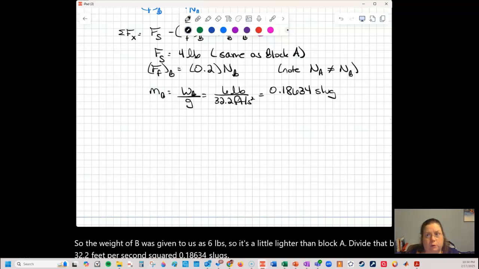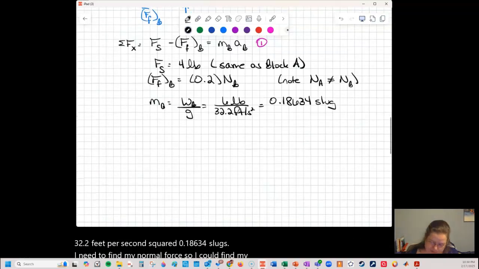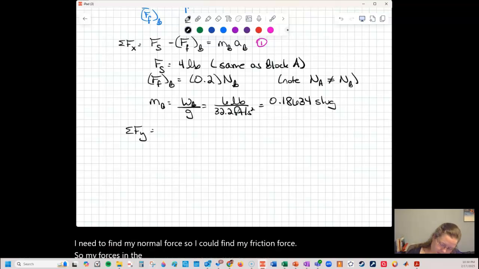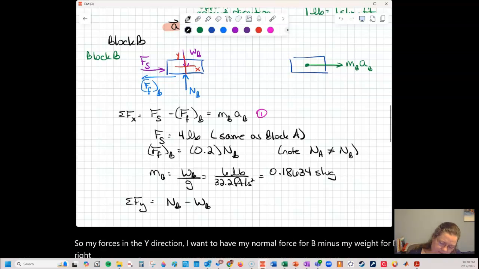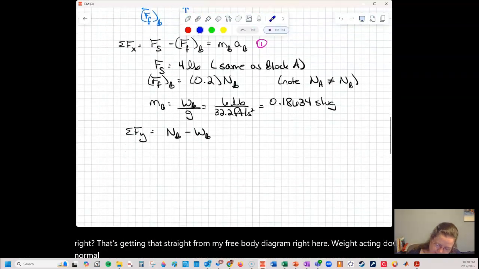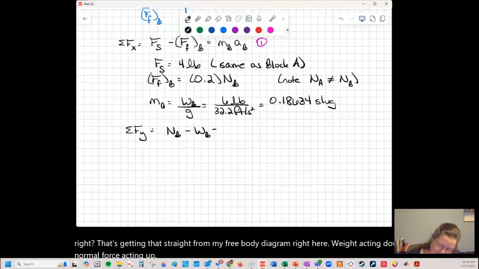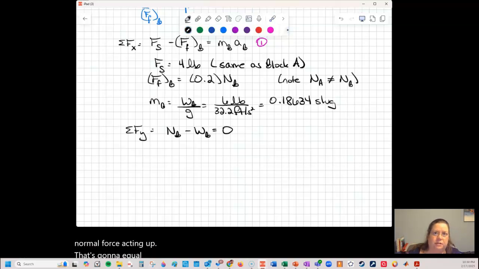I need to find my normal force so I can find my friction force. So my forces in the y direction: I'm going to have my normal force for B minus my weight for B, right? That's coming straight from my free body diagram right here. Weight acting down, normal force acting up. That's going to equal 0 because there is no motion in the y direction.